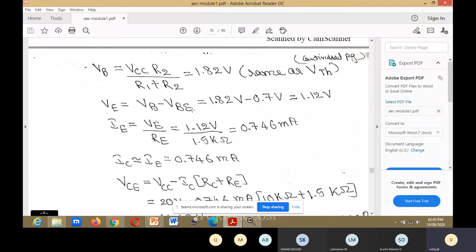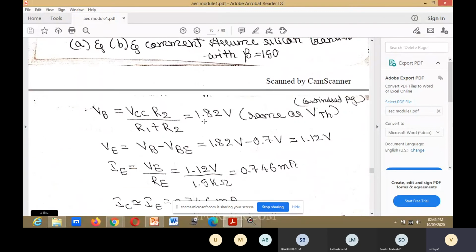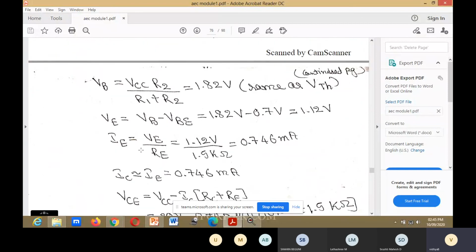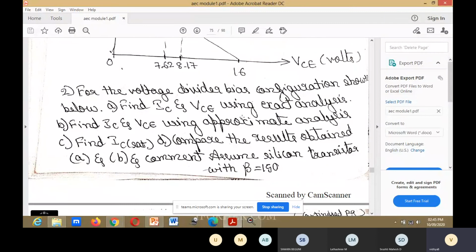VE is equal to VB minus VBE. VB value is 1.82 we got, and VBE is 0.7. You will get 1.12 volts. IE is equal to VE divided by RE. VE value is 1.12. What about RE?